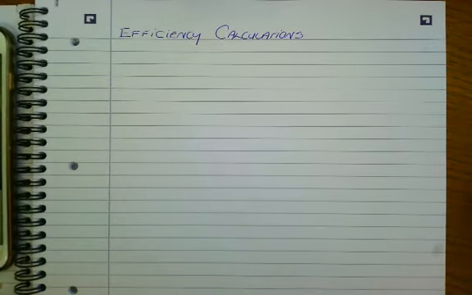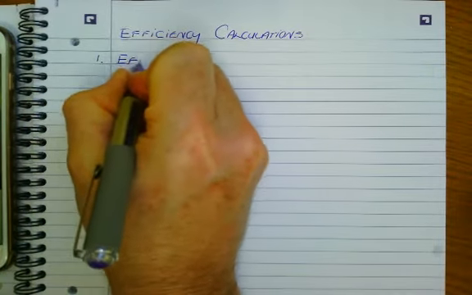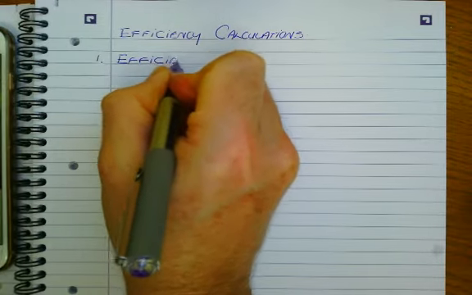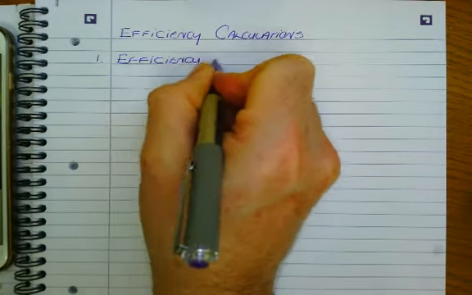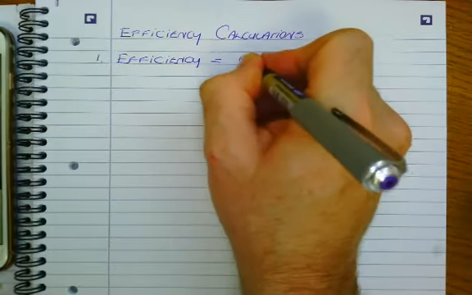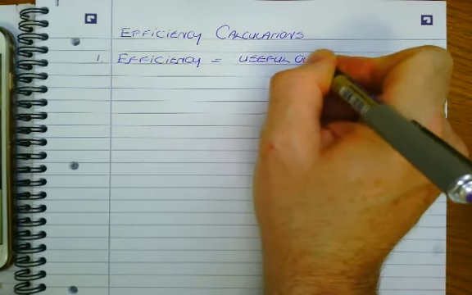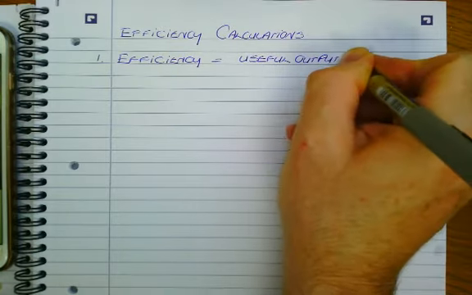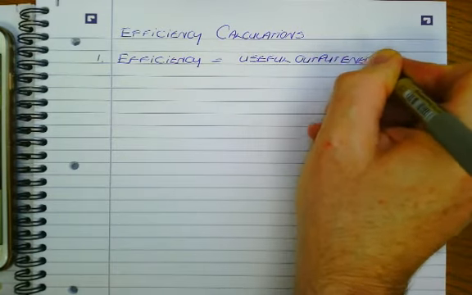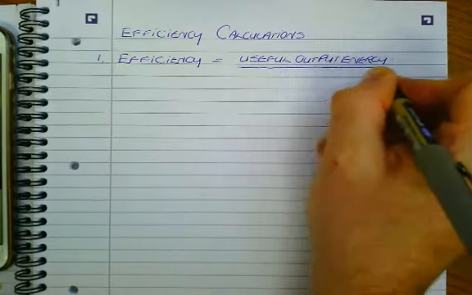Question one is to state the true calculations for calculating efficiency. Number one, efficiency is equal to the useful output energy divided by the total input energy.